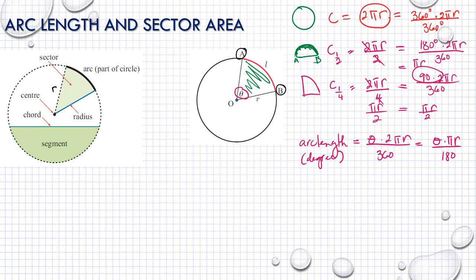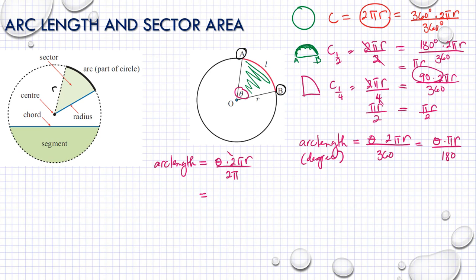How about in radians? So we have arc length for radians. We have theta multiplied by 2 pi r divided by 360, which is 2 pi.